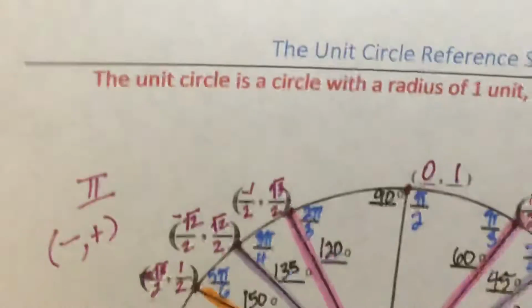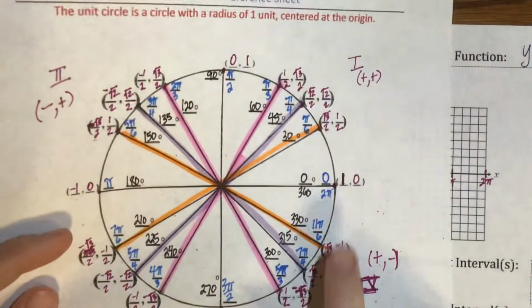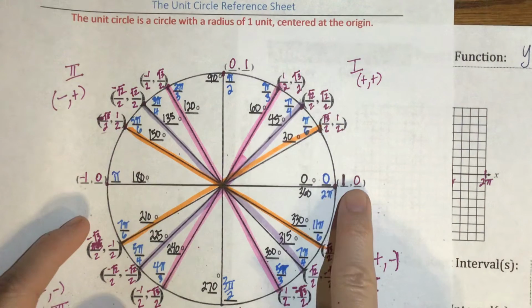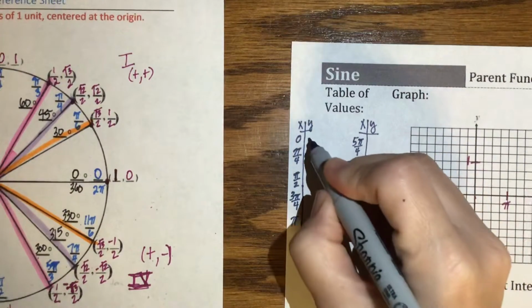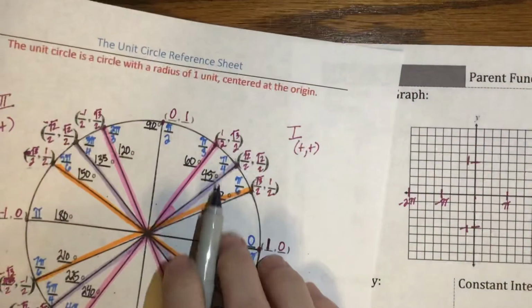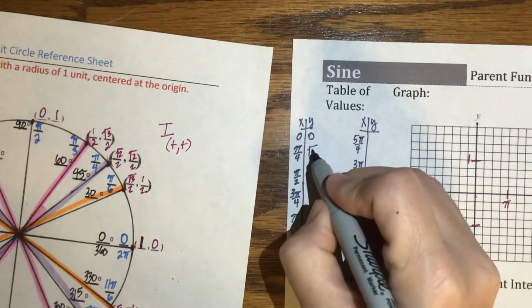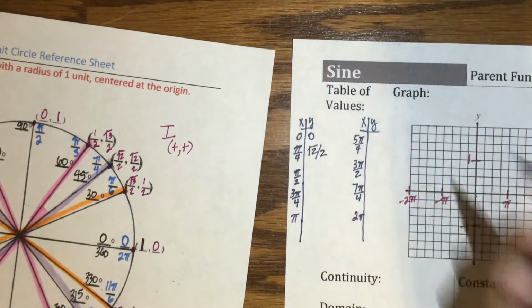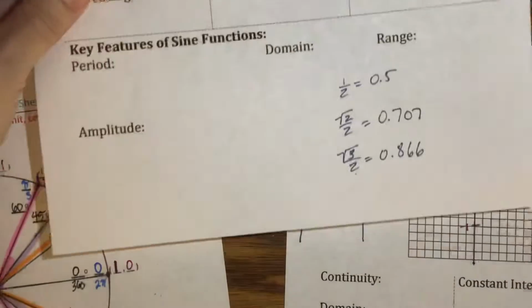Okay, so watch what happens here. Oops, thought I could zoom in, but I can't. So when I'm at 0 radians, my y coordinate is 0. When I'm at pi over 4, my y coordinate is square root 2 over 2. Now, I was going to show you on my calculator, but somebody took my calculator.